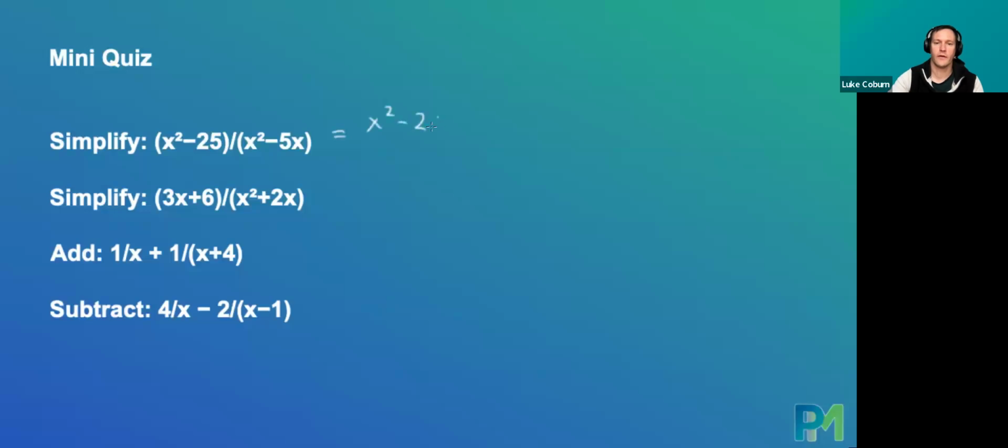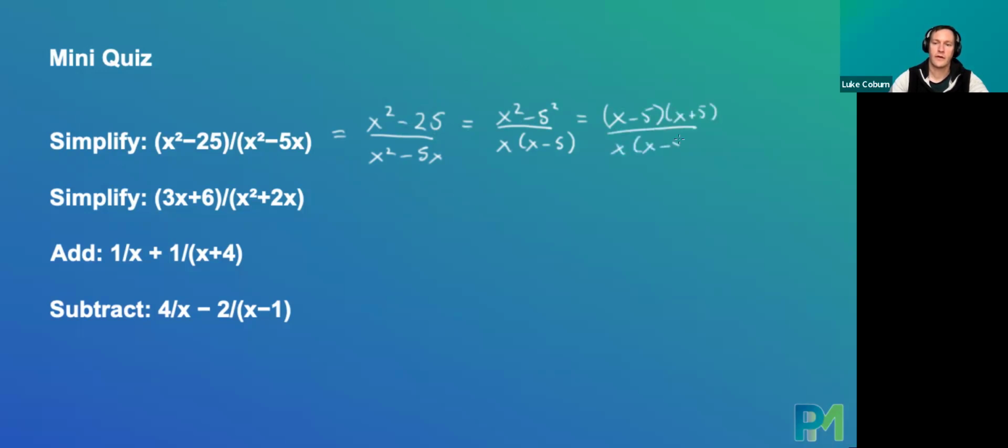x squared minus 25 all over x squared minus 5x. Okay, so I'm going to have to factorize top and bottom lines. Top line, this is not a trinomial. There's no common factor. This is the difference of two squares, x squared minus 5 squared, and on the bottom, x times (x minus 5).